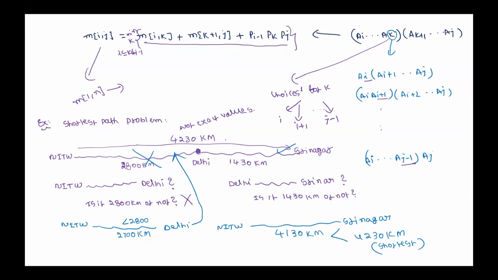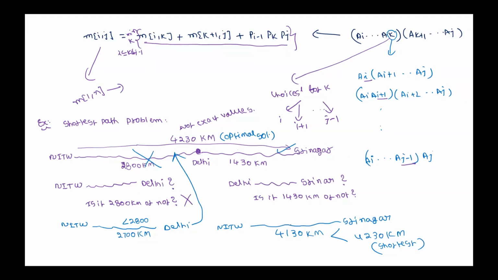So it is contradicting our assumption that this is the optimal solution, no? If at all this path was there, then they would have said only 4130 is the shortest distance value from NITW to Srinagar. So our assumption that 4230 is optimal can never go wrong.